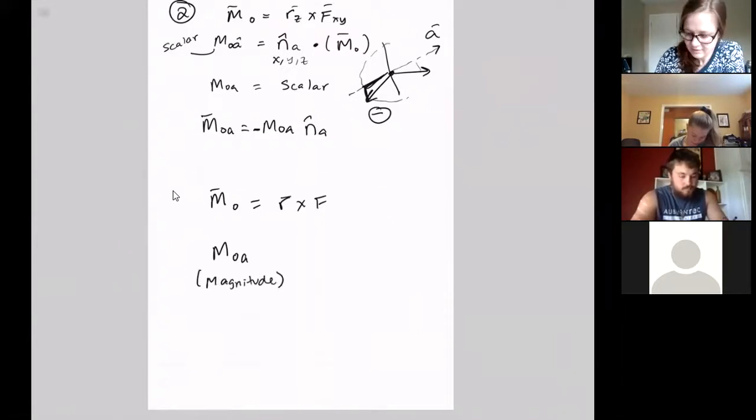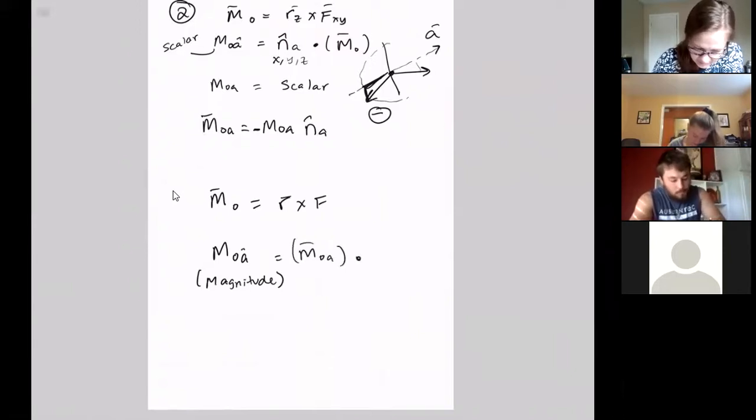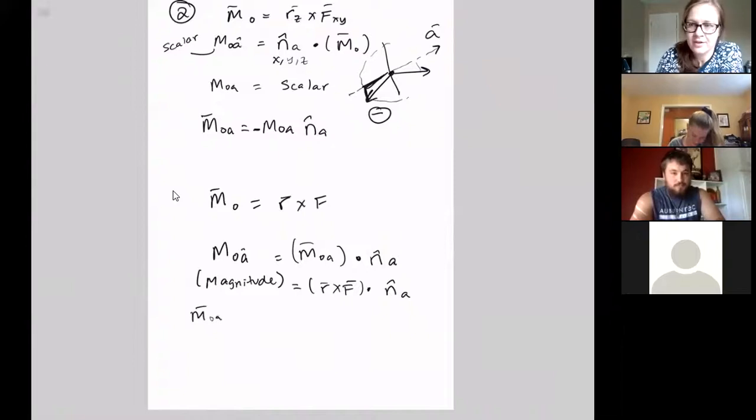of O along the a-axis, and that is going to be the moment of O, A dotted with N of A. That can also be written as R cross F dotted with N of A. Then the next thing that we're looking for is the component of that moment that's along the x-axis in the direction that is required.